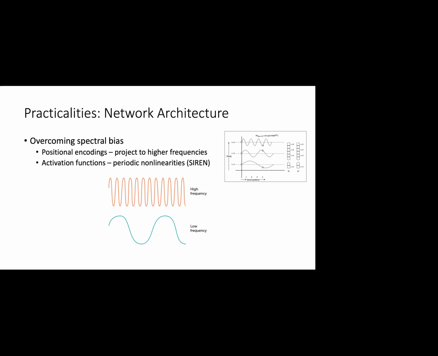Do you have to identify the bits that are high frequency and low frequency, or do you just literally modulate your inputs by that and send them in multiple times? There is one hyperparameter you need to tune, and that is the maximum frequency you're going to look at. That's it. It really feels like cheating.